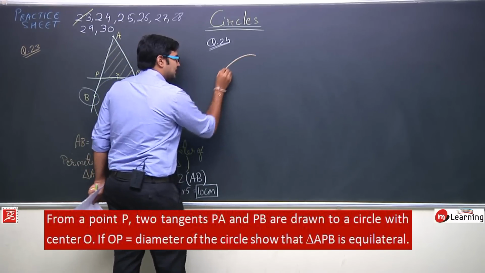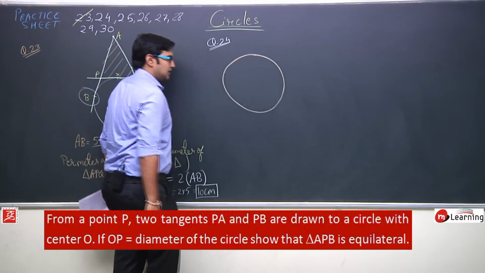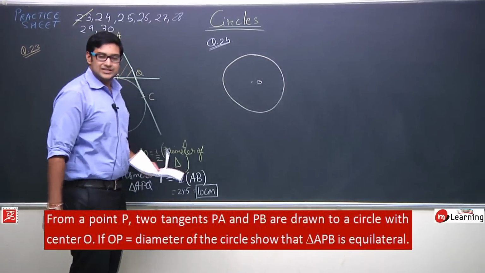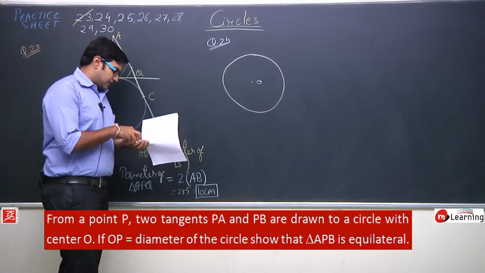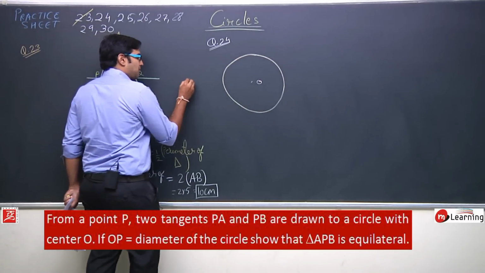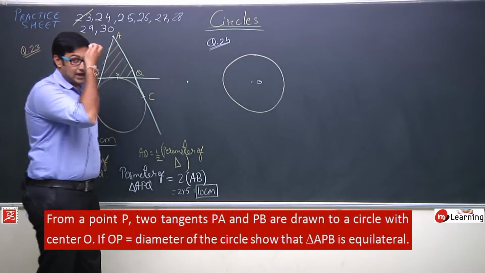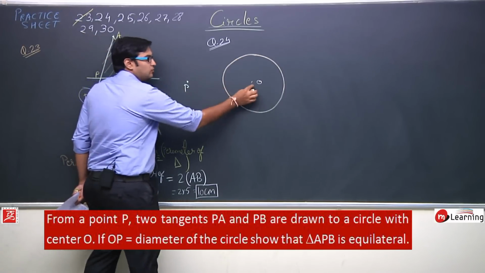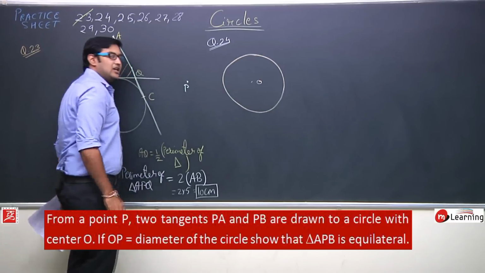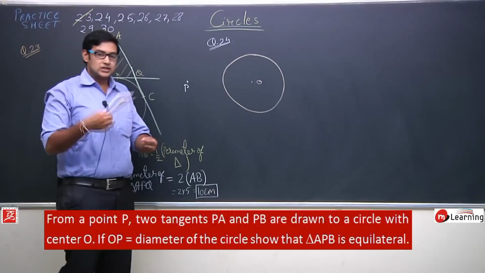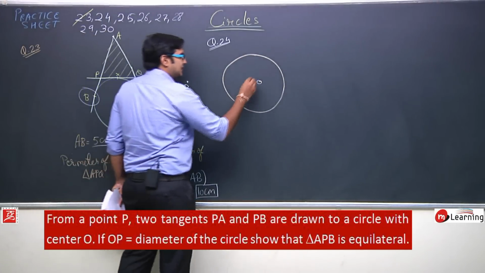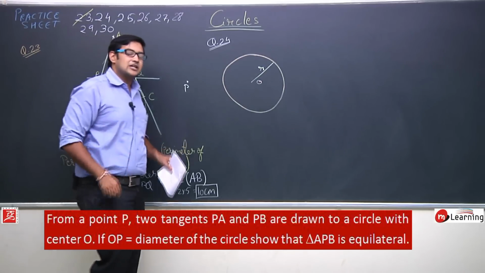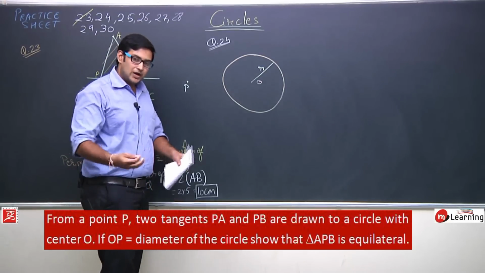There is a circle, and the center of this circle is O. After this, we assume a point P outside the circle, such that the distance of point P from the center of the circle is equal to the diameter of the circle. If I say the radius of this circle is R, then the diameter of the circle will be 2R. It's very simple.